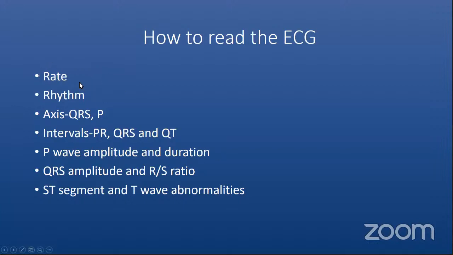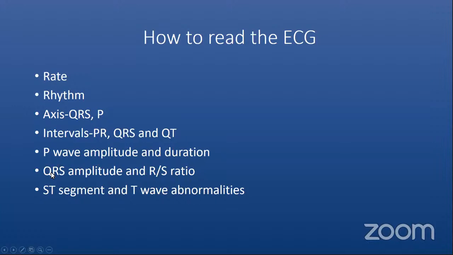When you're looking at the rate, you have to look at the speed of the paper, and then the rhythm, axis, QRS axis, especially P axis and QRS axis, and then the intervals: PR interval, QRS duration, as well as the QT interval, which is more important, P wave amplitude and duration, and the QRS amplitude and RS ratio.